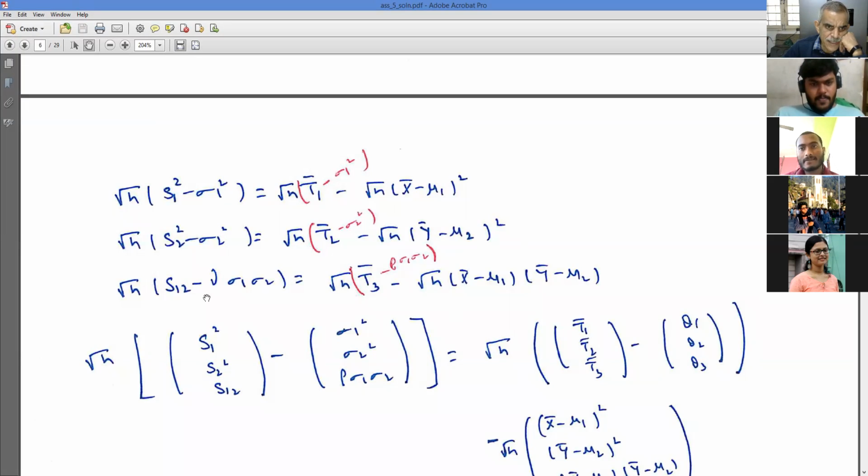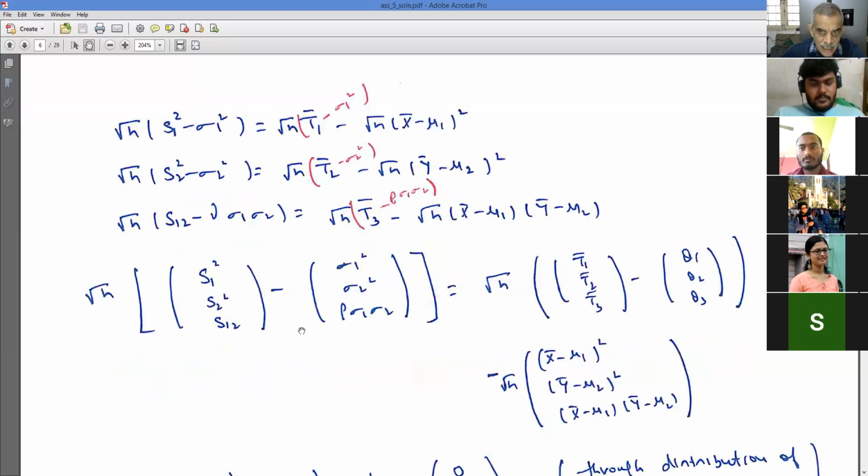And root n times (S12 minus sigma 12): I add mu1 and subtract mu1 in xi, and in yi I add mu2 and subtract mu2, so this becomes root n times (T3 bar minus rho sigma 1 sigma 2) minus root n times (x bar minus mu1)(y bar minus mu2). Right? Standard thing. So what do you get?